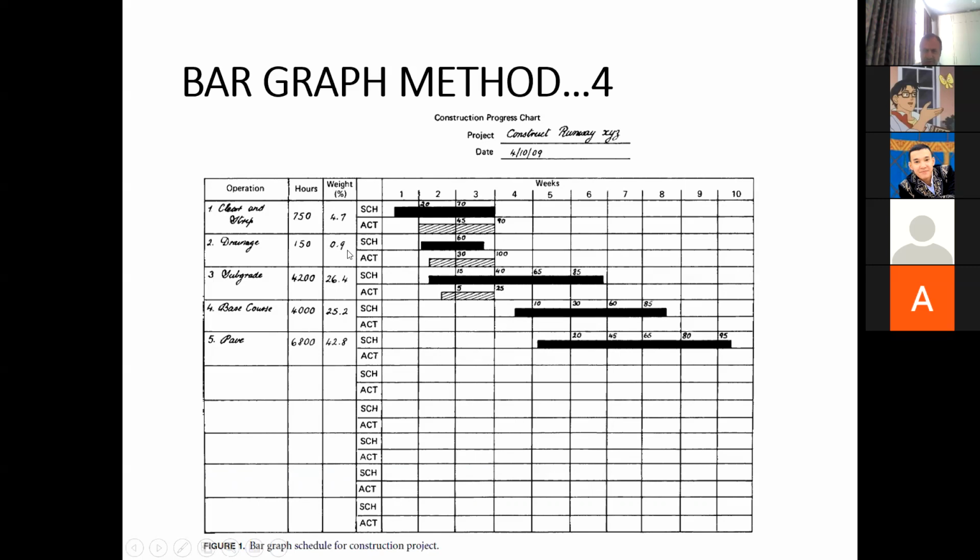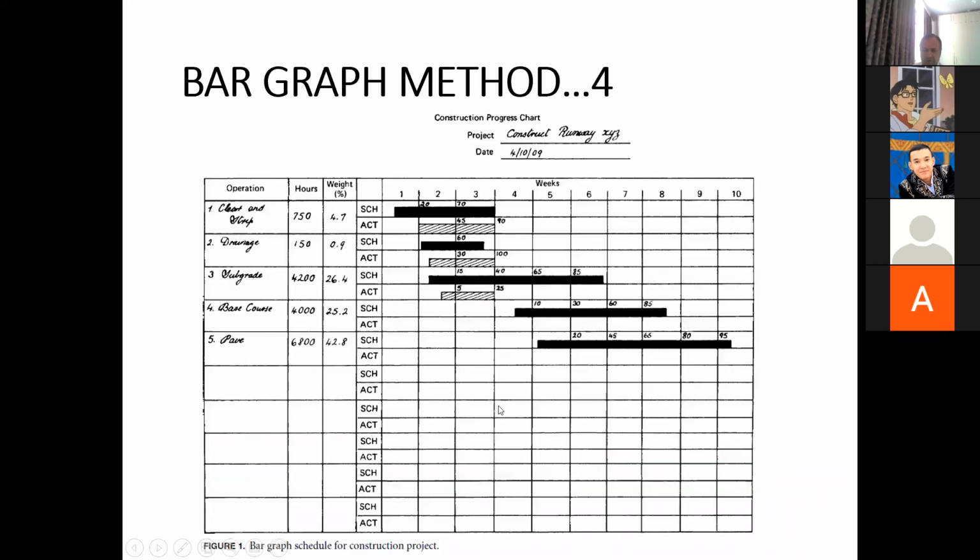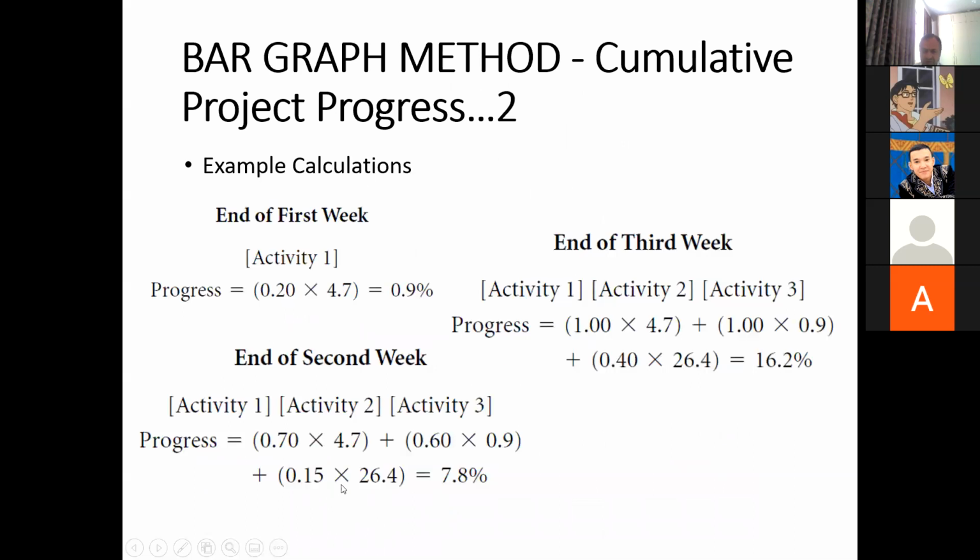And for subgrade, it is 15%, so 0.15 multiplied by 26.4. If you add up all together, 7.8%. So it means that the cumulative project progress is planned to be 7.8% by the end of the second week.